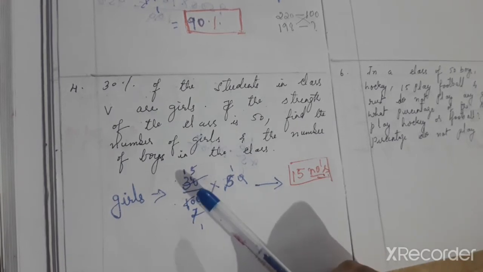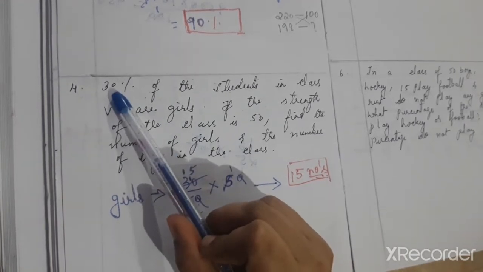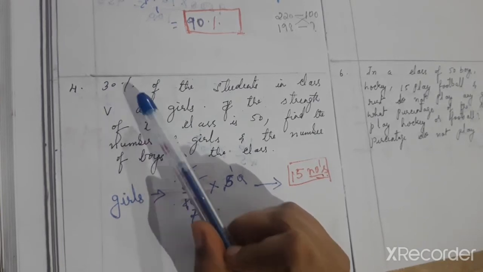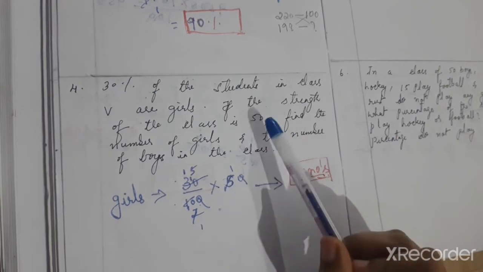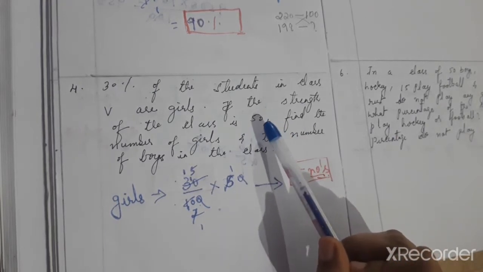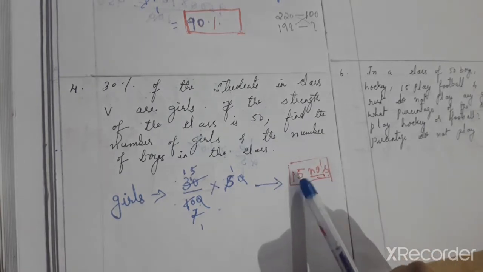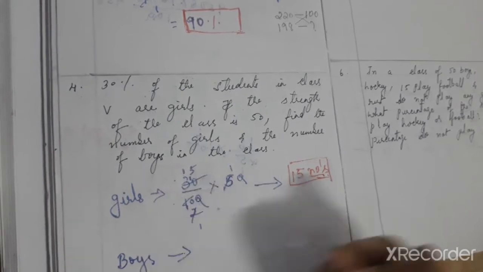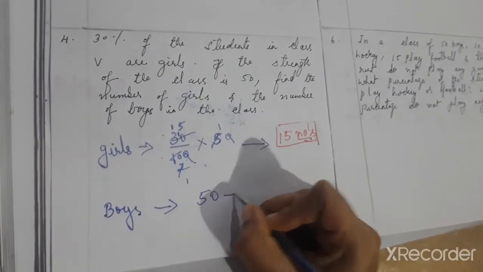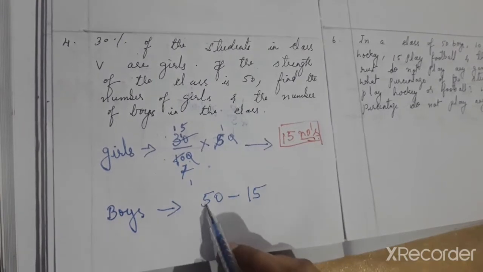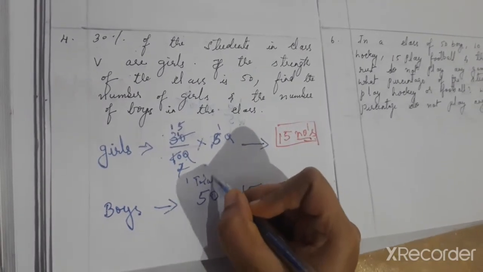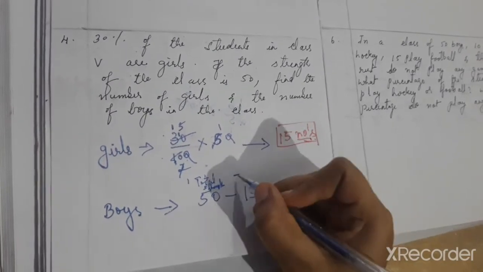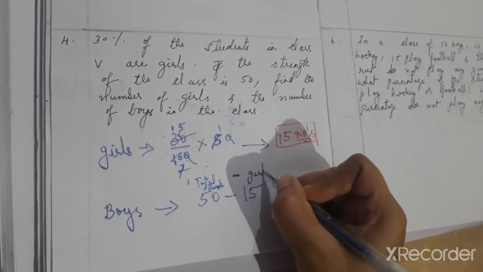Or out of 100%, 30% are girls, so 100 minus 30 means 70% are boys, and 70 divided by 100 into 50 can be calculated.